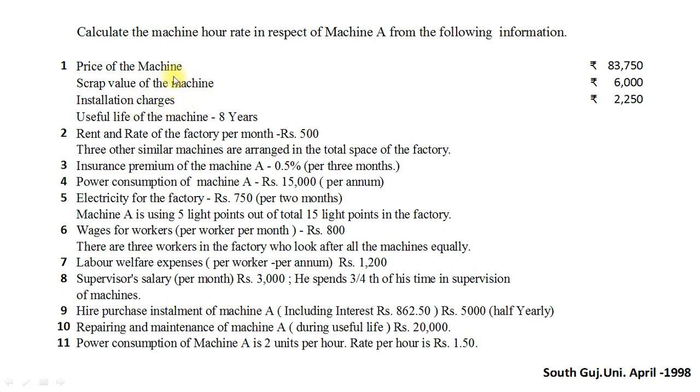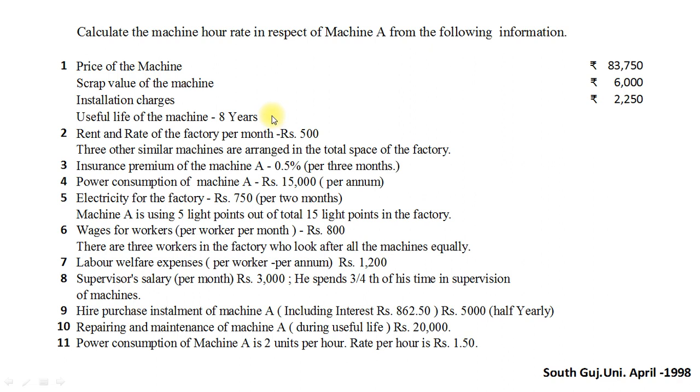Looking to the information of machine, depreciation will be calculated using straight line method. Here we will use our previous knowledge of depreciation, which I think you have studied in school.